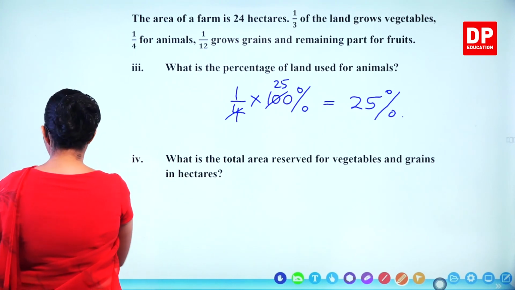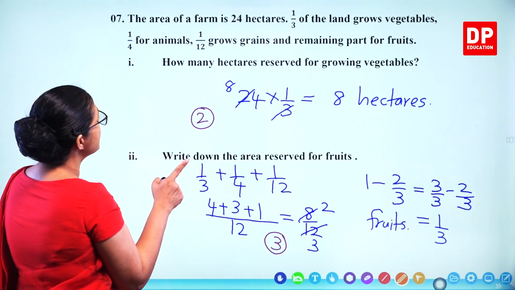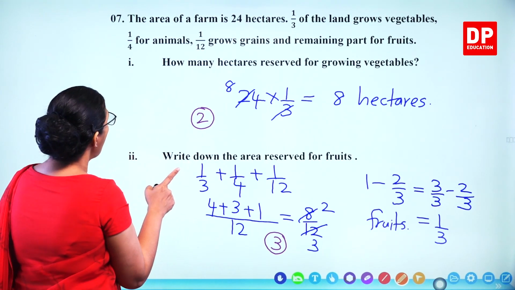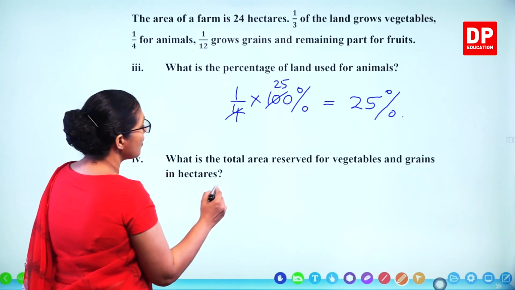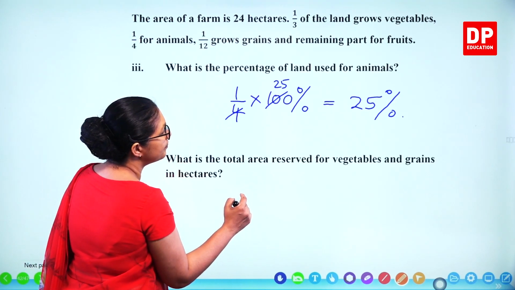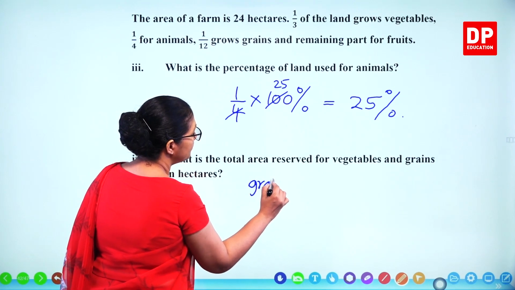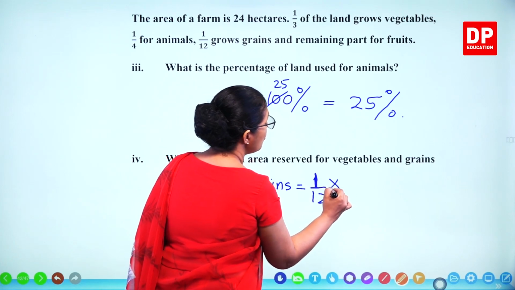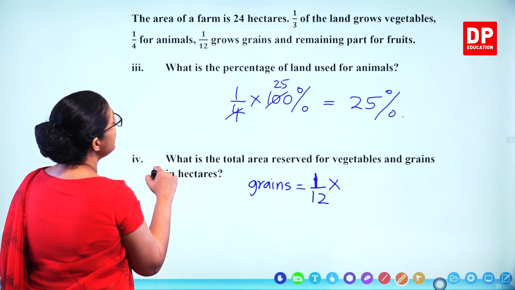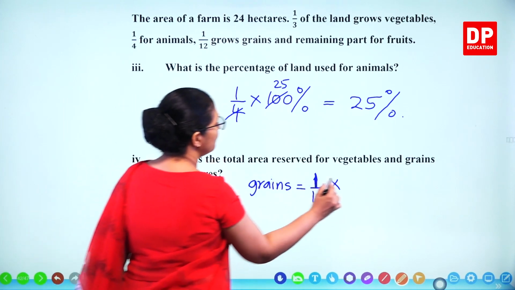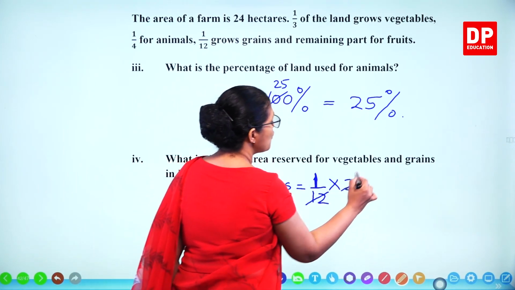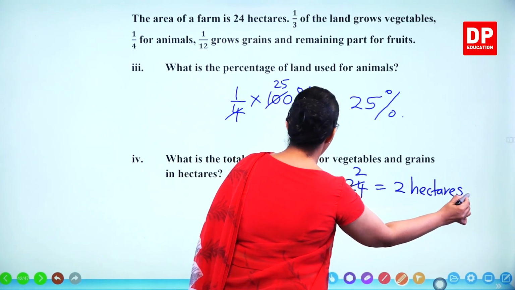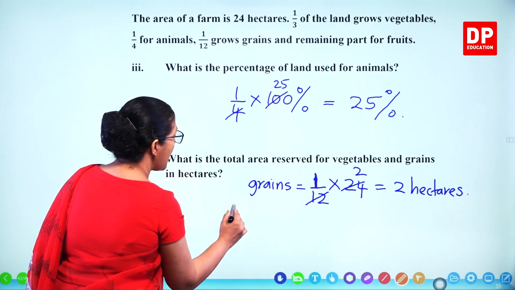What is the total area reserved for vegetables and grains in hectares? Vegetables, 8. Then grains, 1 over 12. So we'll find out grains. 1 over 12 into the total land, which is 24. So 12 times 2, so 2 hectares for grains.